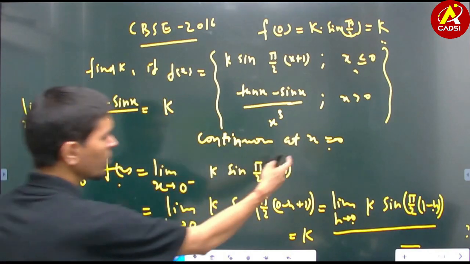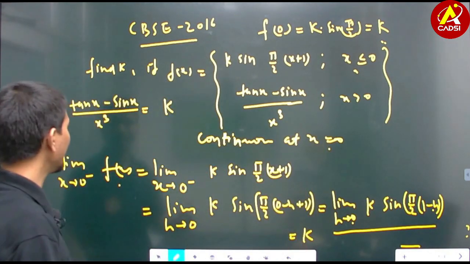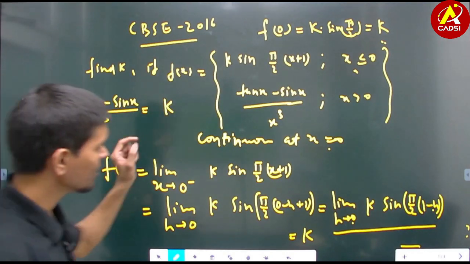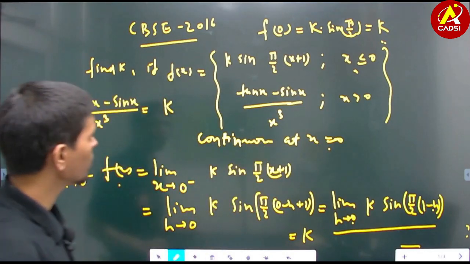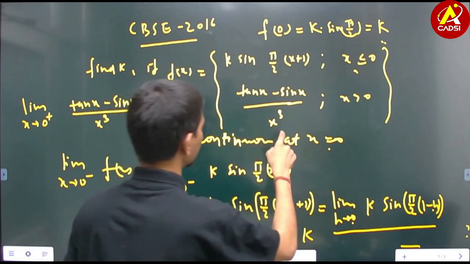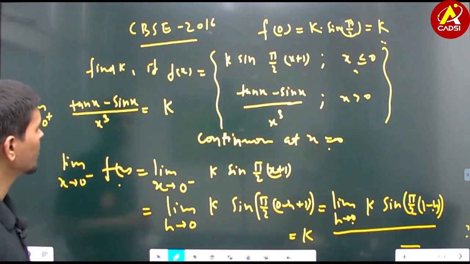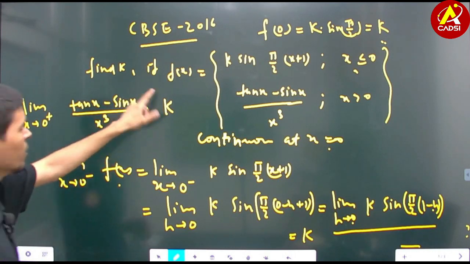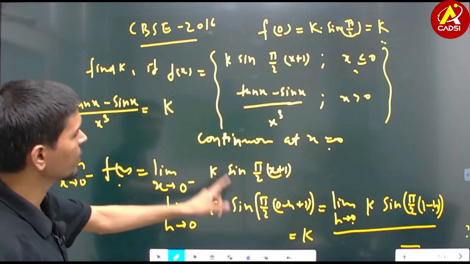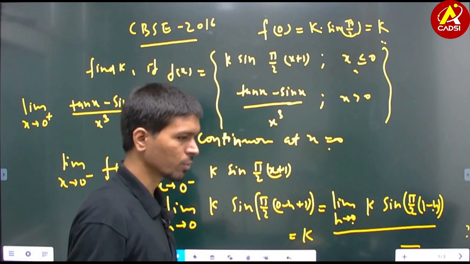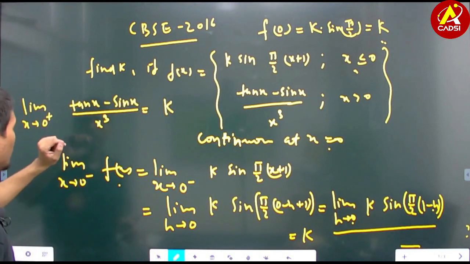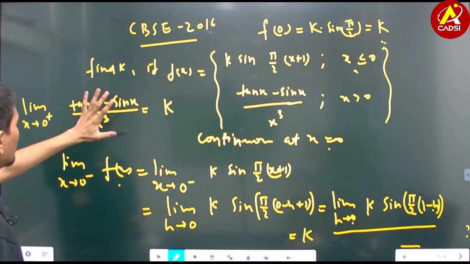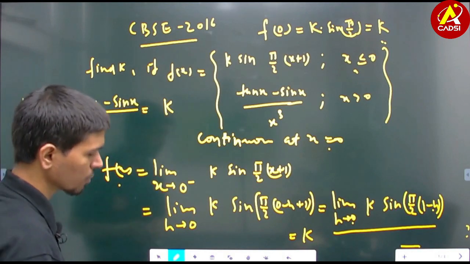Here the particular point is 0, and it is given that the function is continuous at x equals 0. So function is continuous means that all these values are equal. So we only have to find the value of k by using the definition of continuity at x equals 0, and then we can easily find the value of this expression.